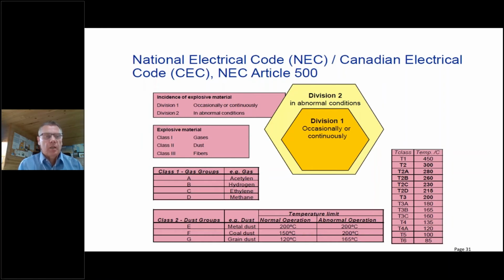Just to indicate that there is a difference between the NEC and CEC. As I've indicated here, NEC stands for National Electrical Code, and for us in Canada, think US. So that's the US code, which we tend to follow a lot, but there are some differences with the CEC, the Canadian Electrical Code.